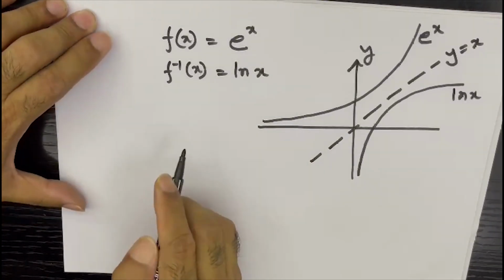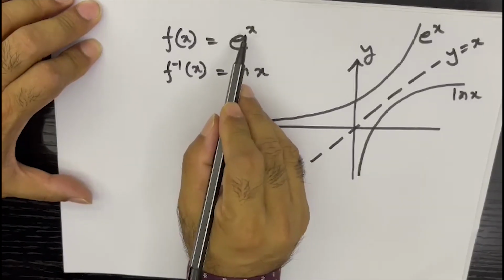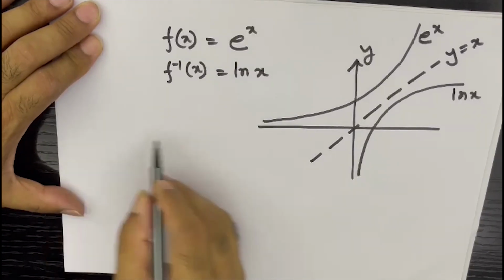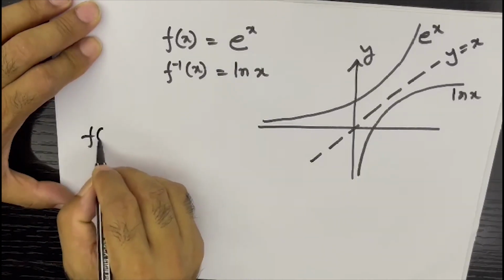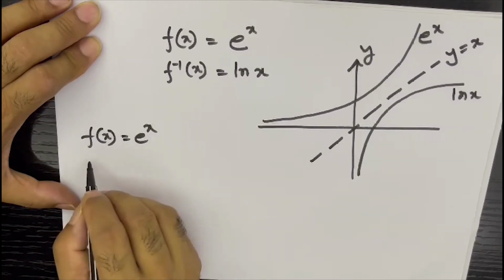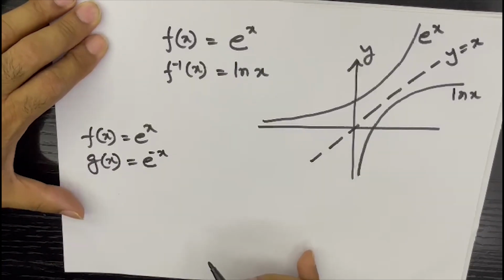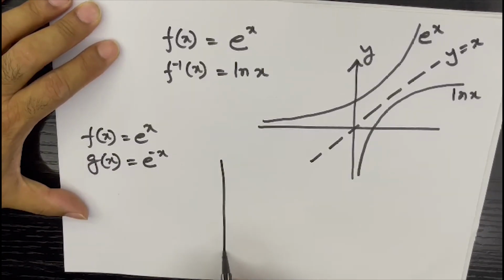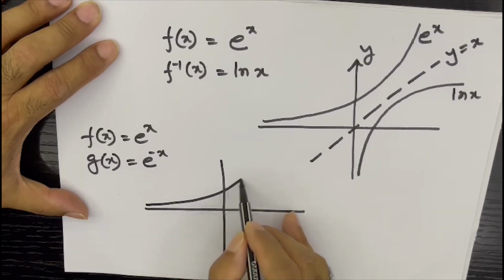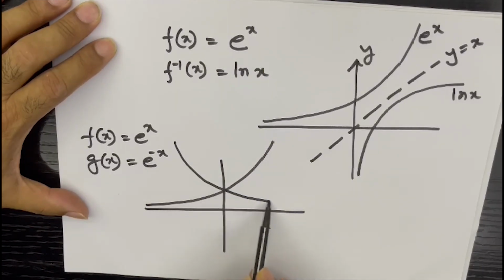Now we want to see, if the power is negative, what will be the shape of the graph. So if f of x equals e to the power x and g of x equals e to the power minus x, the basic graph of e to the power x is this way, and e to the power minus x will move here.